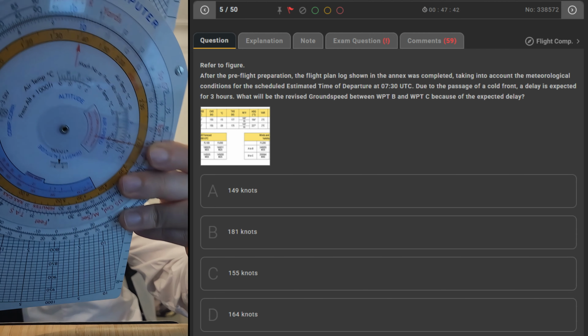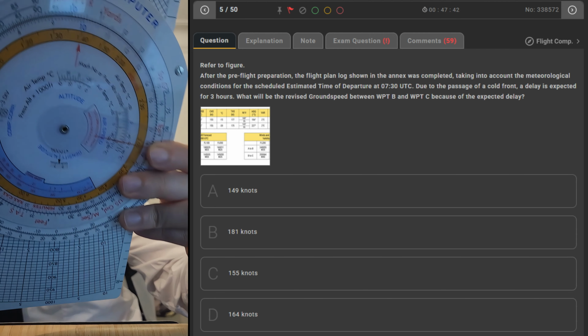Okay, so first of all, we have to open the annex, which is given in the question. As you can see, there are two different times for the forecast. We have to look for the one which is 3 hours later than 0730 UTC, which is the right-hand side, 0900 UTC to 1200 UTC. And since we are concerned about B to Charlie, like B to C, we have to look at that part.